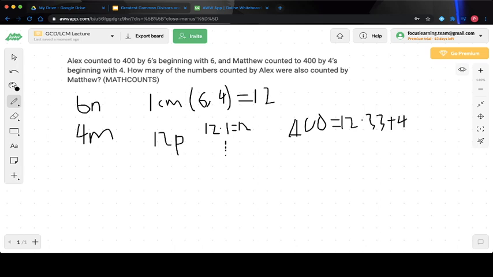So the numbers counted will go all the way up to 12 times 33, which equals 396. So there are 33 numbers that are counted by both Alex and Matthew: 12 times 1, 12 times 2, all the way to 12 times 33. So our final answer is 33.